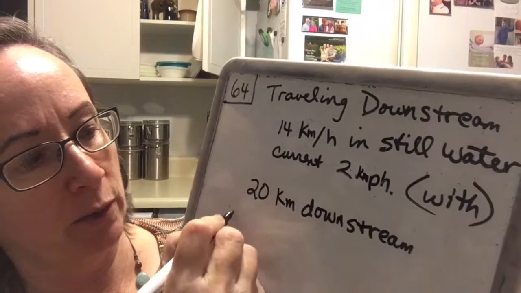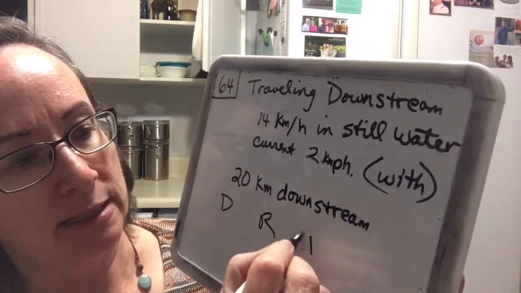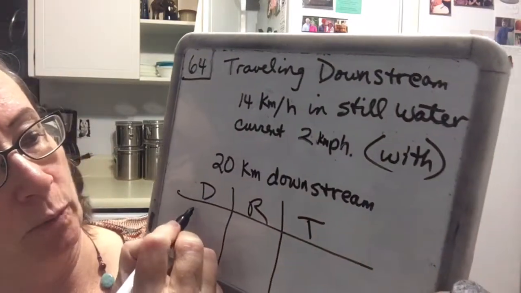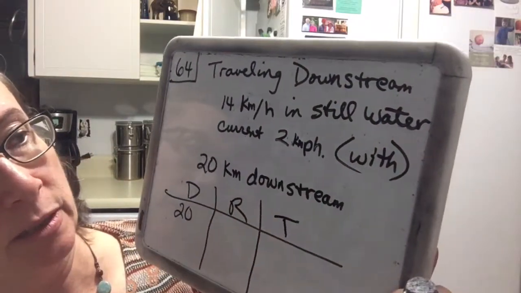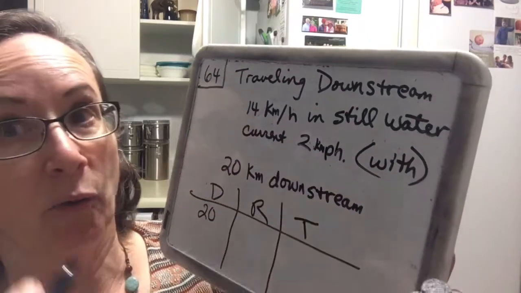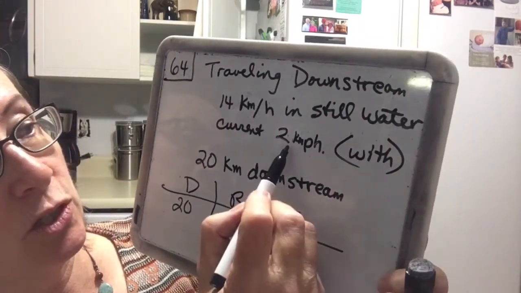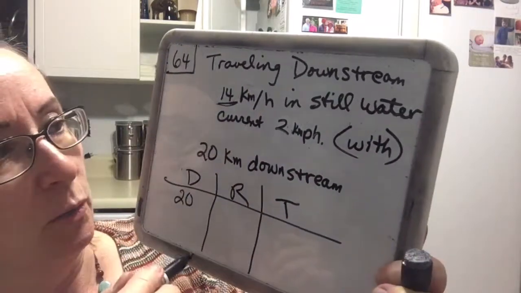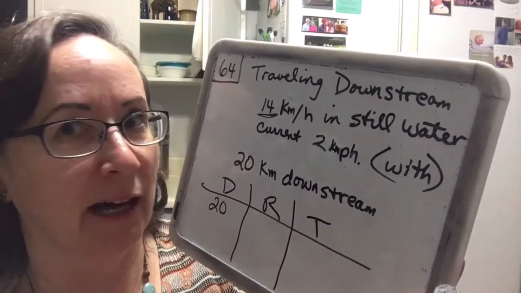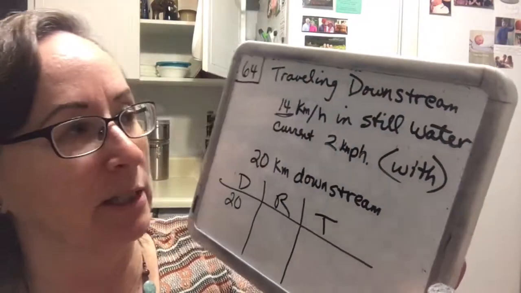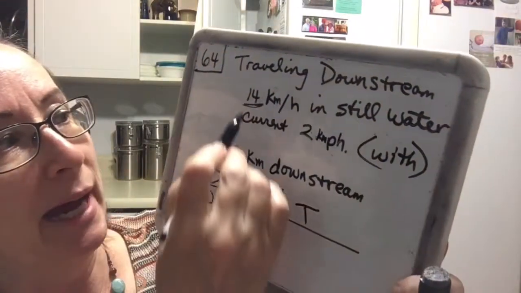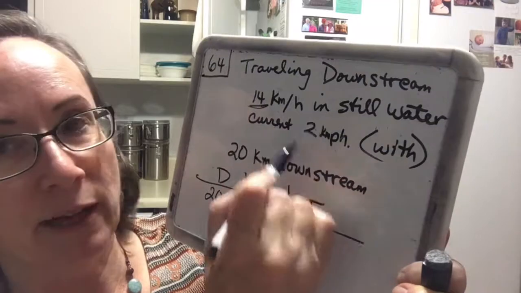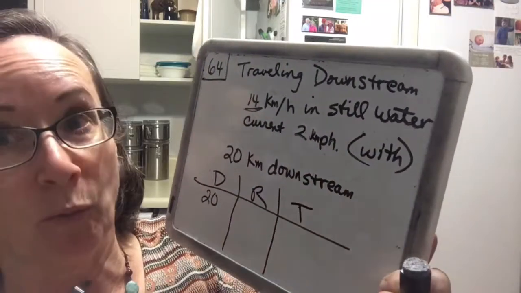So now if we do our distance, rate, time chart, our distance we want to travel is 20 kilometers, and our current is going with us, so it's 2 kilometers per hour, and we were already in still water, which is kind of funny because the kayak doesn't really go anywhere in still water unless you're paddling it, but you're paddling at a certain rate, 14 kilometers per hour, and then you've got this 2 mile per hour current going with you.